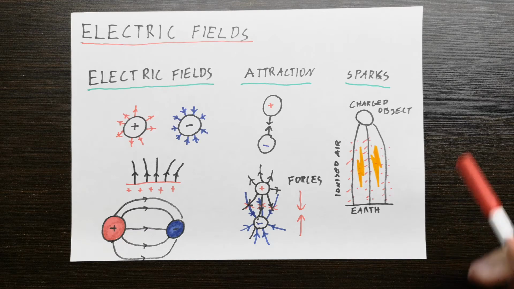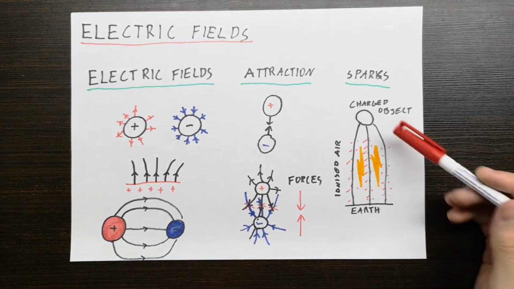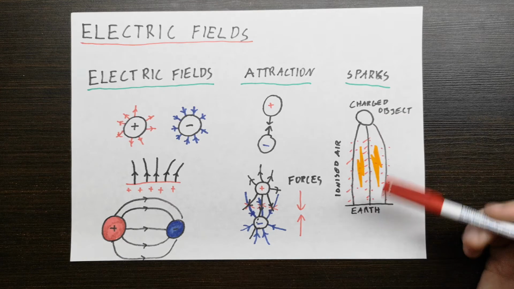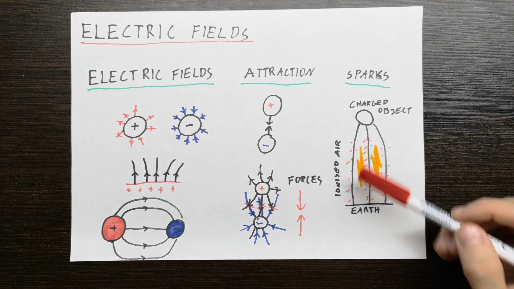Now, imagine a charged object with a very, very high charge on it. And that object exerts an electric field. And because that electric field is so strong, because of the very high charge of the object, the air gets ionized.